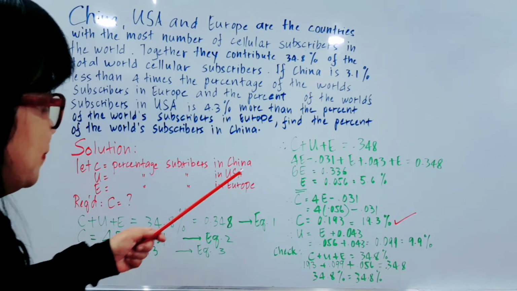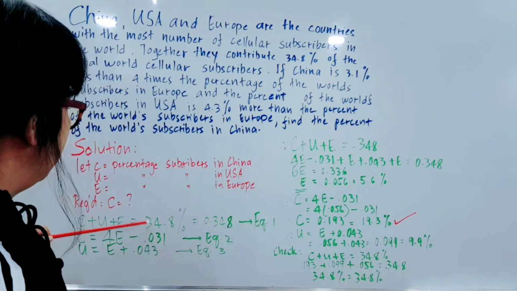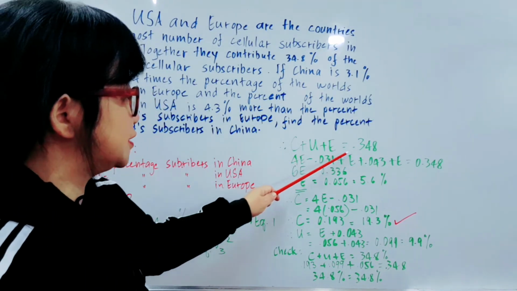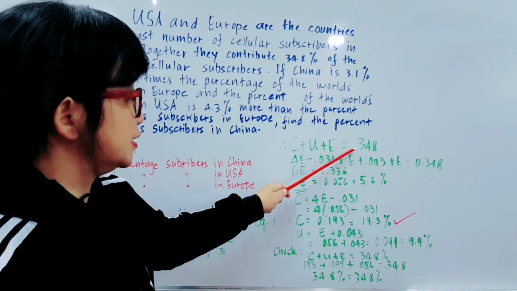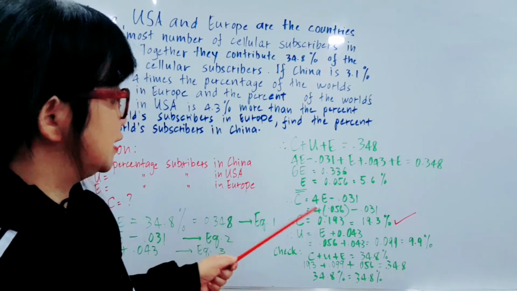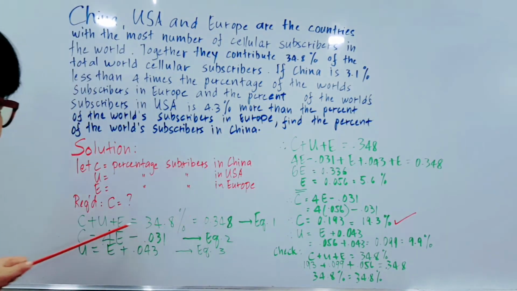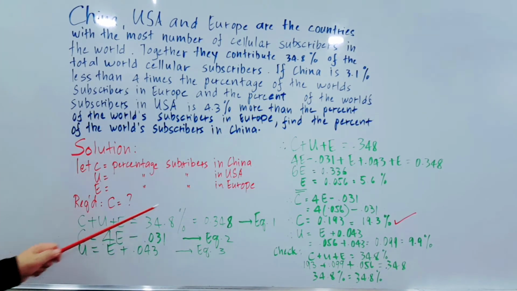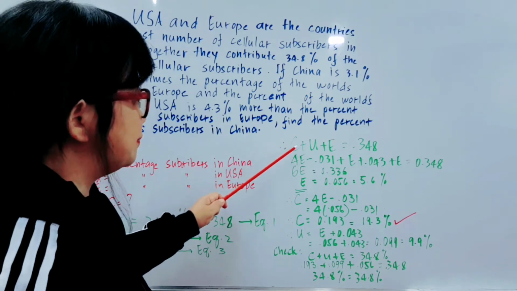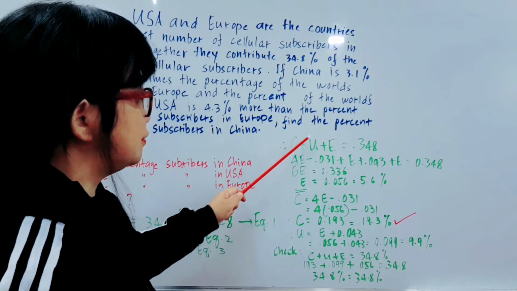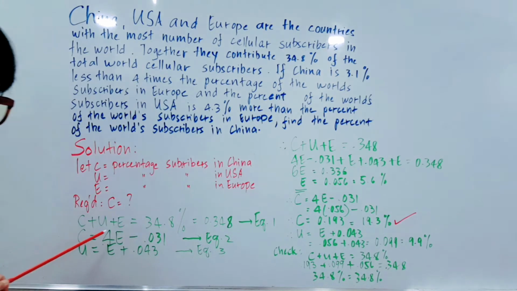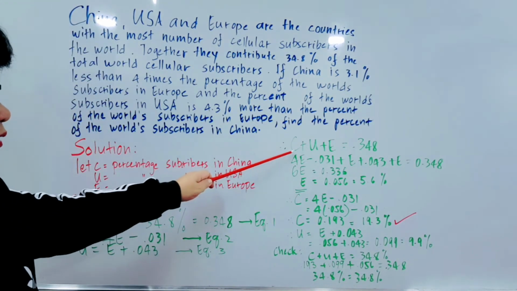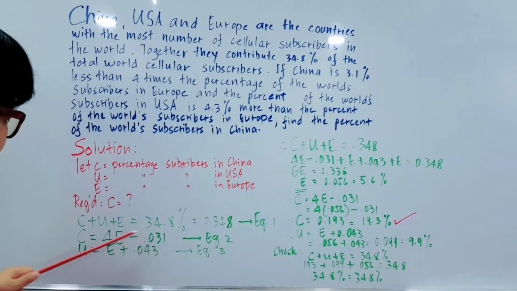Ngayon, base dito sa unang natin, equation 1, C plus U plus E, which is equal to 0.348. Therefore, i-substitute natin yung value ng C. Kasi hanapin natin either percentage ng C or U or E. Pero of course, ang hinahanap natin ng China. So, bago natin marating yung China, isolve muna natin yung iba.